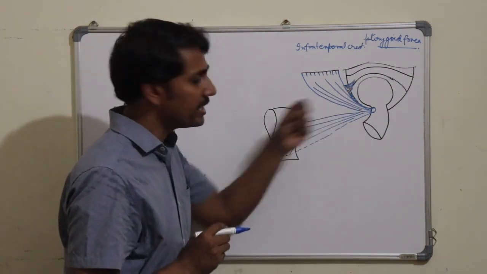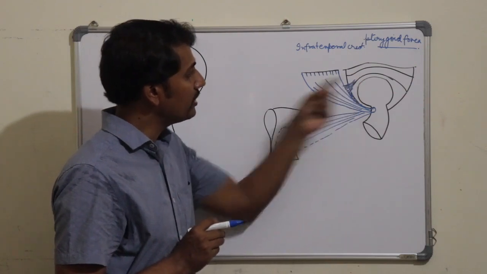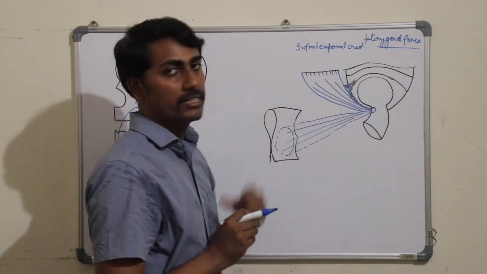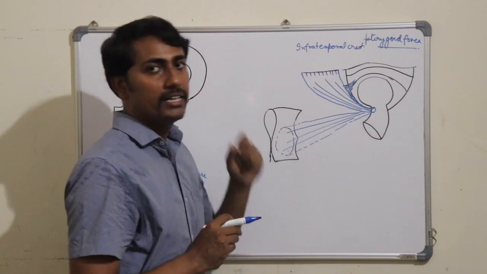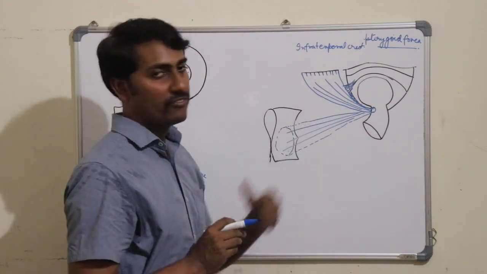Due to this attachment, it has been said that the articular disc is basically a degenerated part of the fibers of the lateral pterygoid muscle. So this is a very important fact.